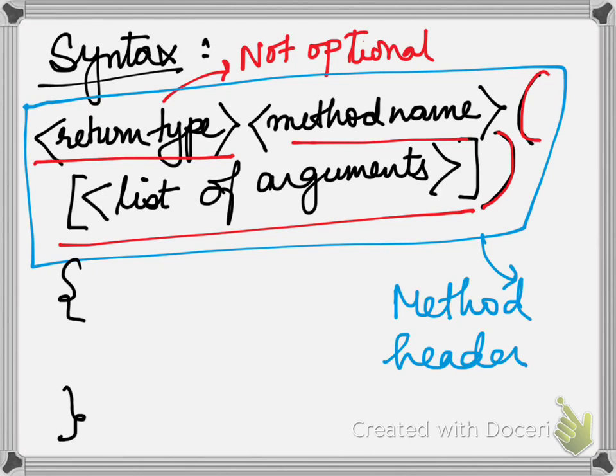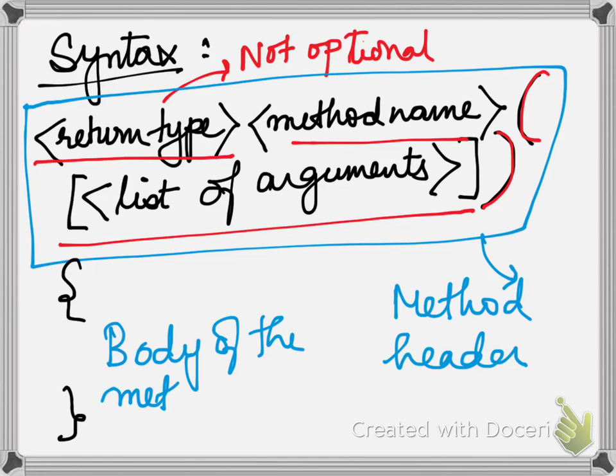Whatever comes inside these curly braces is the body of the method. So inside the body of the method, we will have to fill in the code which gets executed when this method is executed. So we have the method header and we have the body of the method.